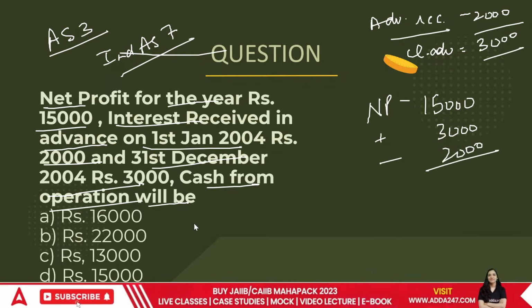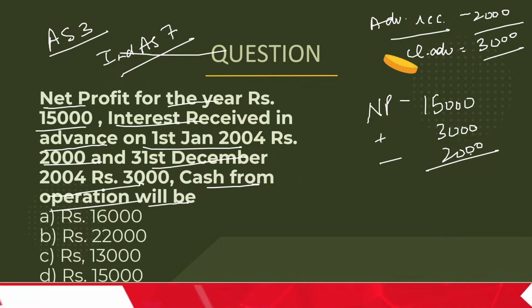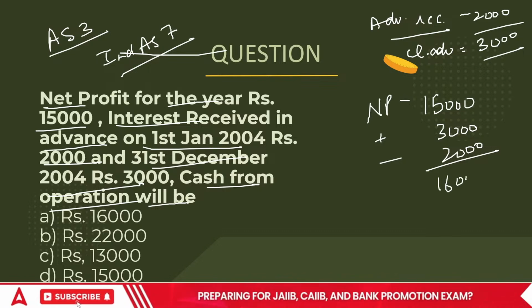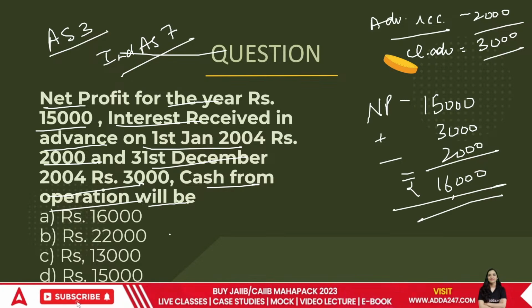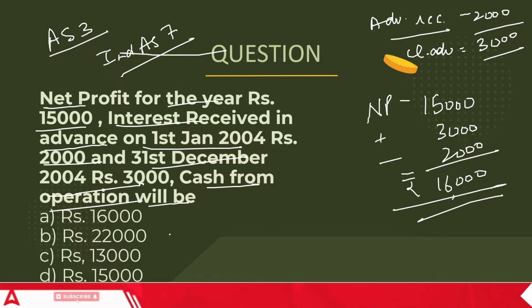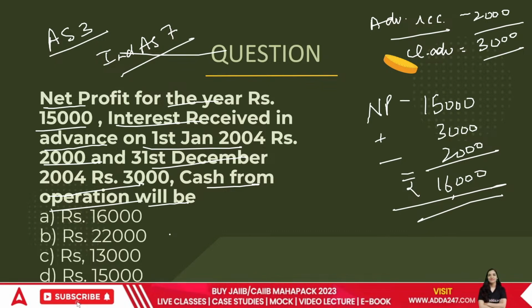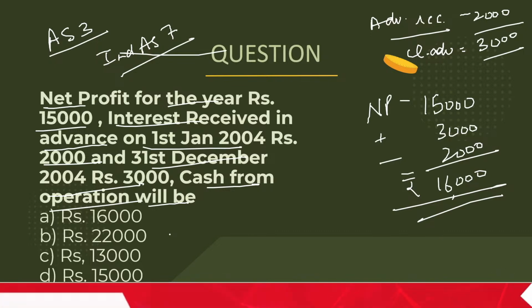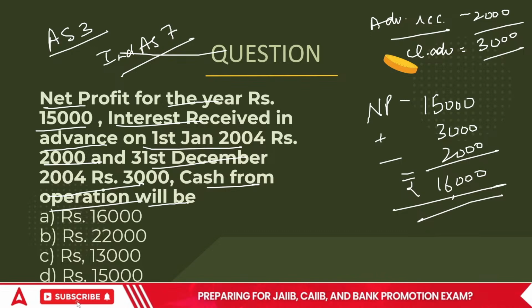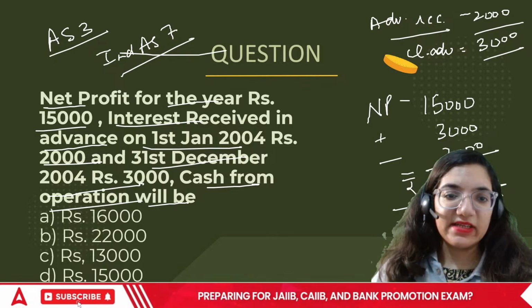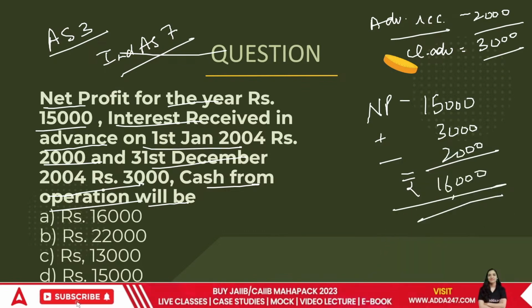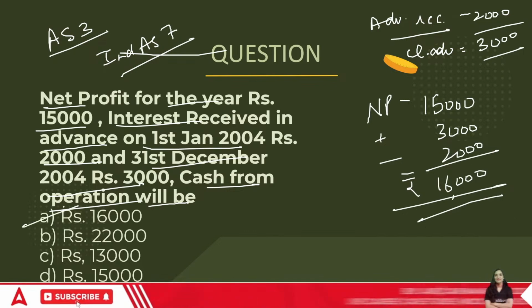That gives us 16,000, the amount which can be said to be the cash flow from our operations, or I can say from my business. This is the amount of money that I am making. So the correct answer is 16,000, which is A.